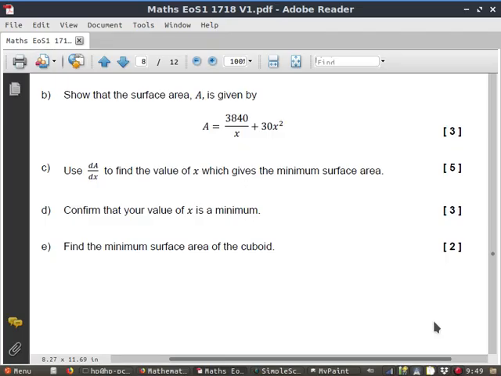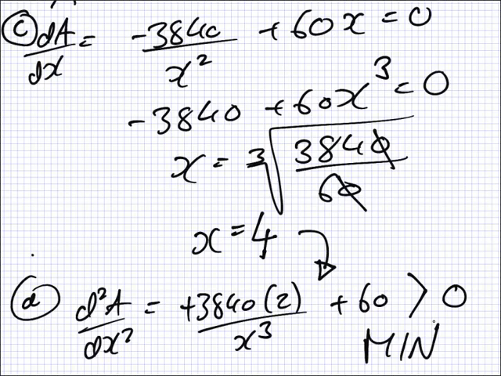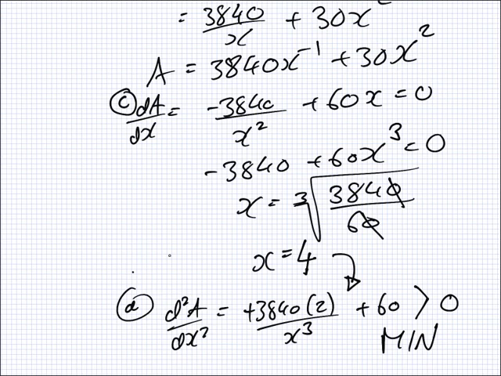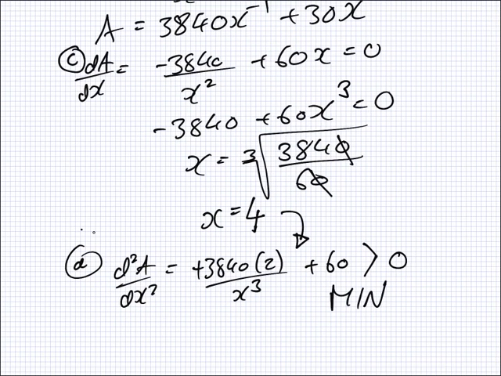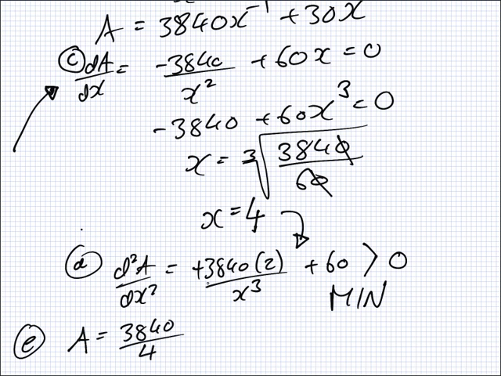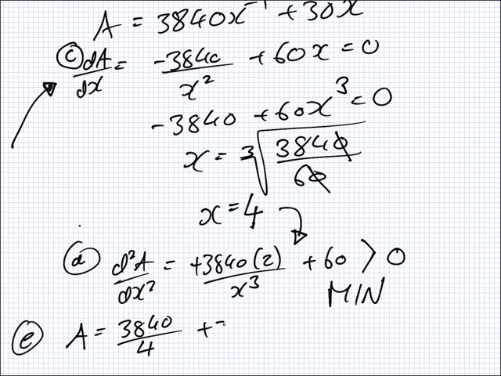And lastly, it's to find the area. The area would be 3840 over x, which is 4, plus 30x squared, which is 30 times 4 squared.